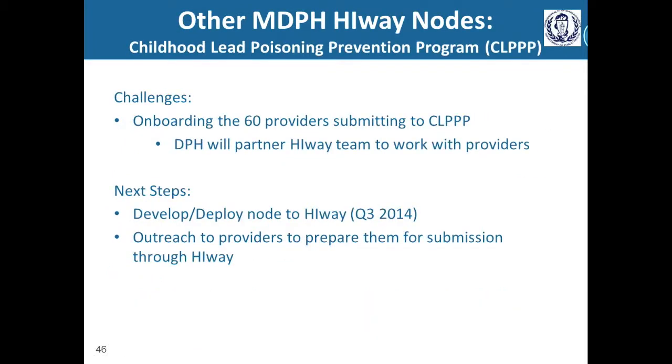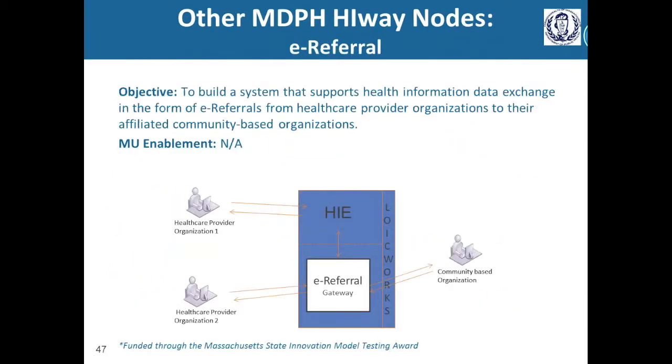And the final node that I wanted to talk about was about e-referrals, and that's exchanging data from healthcare provider organizations to community-based organizations. So this totally bypasses the state. So it's really about organizations out in the community sending data to each other. And again, I think this is a very clever notion, and I'm very excited to see how it works.